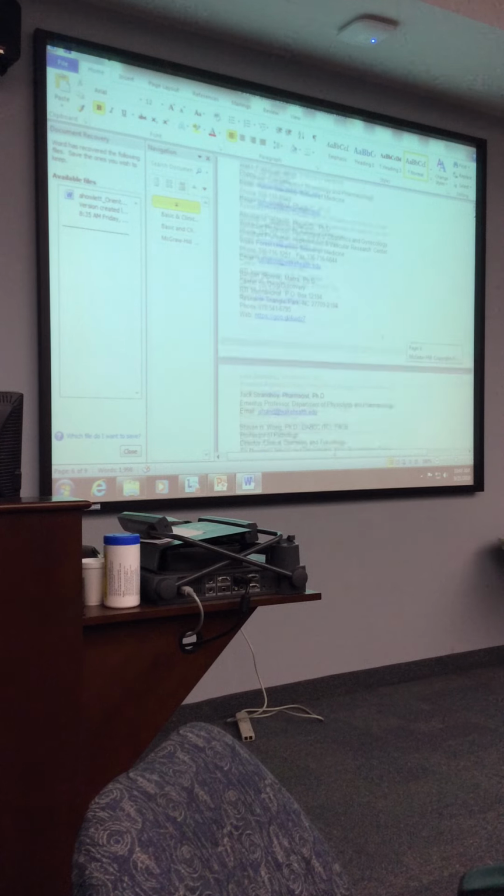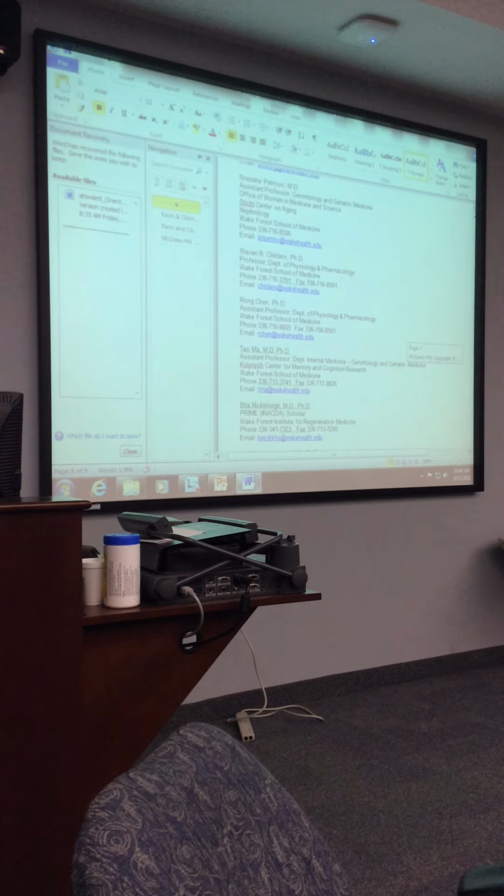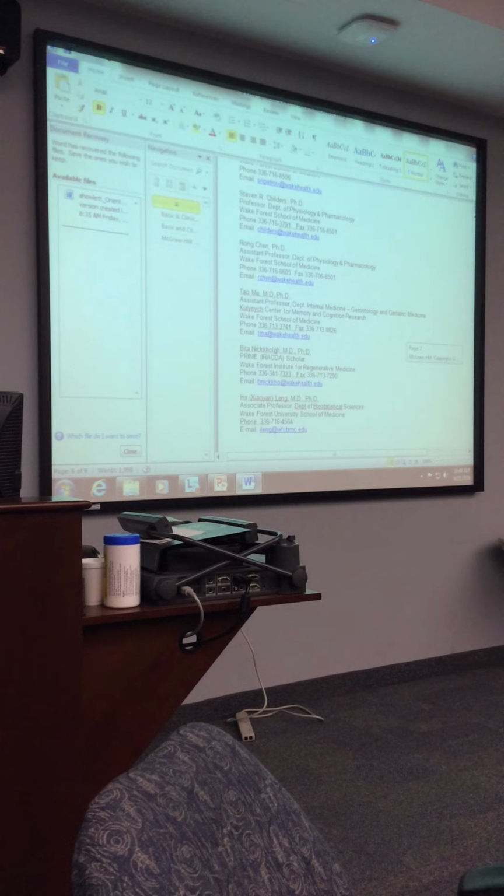So you'll be able to do that, and the people that are going to be working with the clinical groups include, I'm going to start, but then we're going to be moving into Bitta Nickel and Iris Lang, who both are MD PhDs. So they're going to be choosing the papers for that group when it gets to be their turn.